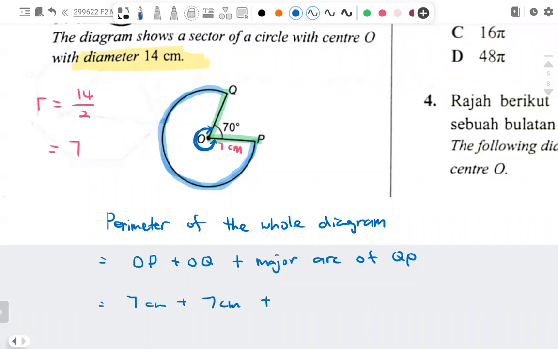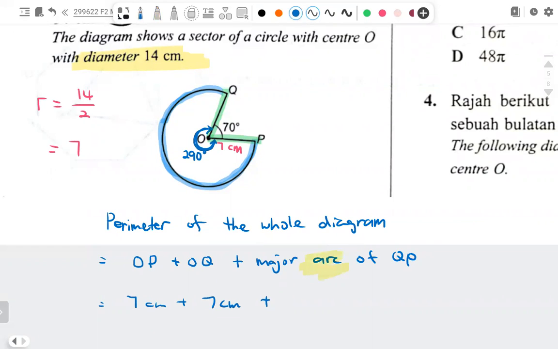We can use conjugate angle, 360 minus 70 degree, because outside there is 70. So inside, 360 minus 70 is 290. So meaning we want to find out the length of the blue color curve line covered by the 290 degree.